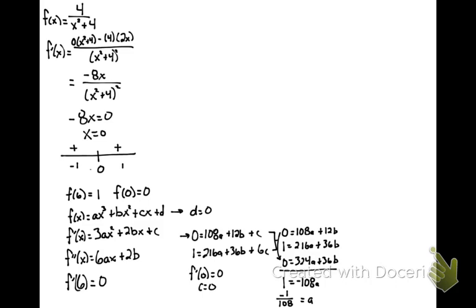And if I substitute back into this equation, with a having a value of negative 1/108, then this will become negative 1 plus 12b, or 1 equals 12b, or b should equal 1/12th, which tells me that my cubic should be f of x equals negative 1/108 x cubed plus 1/12 x squared.